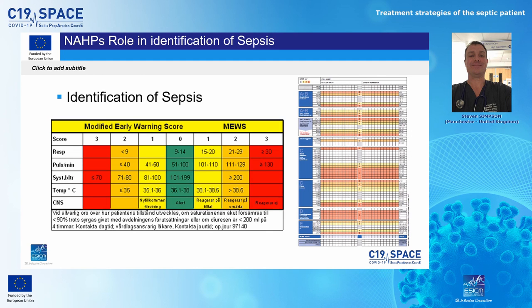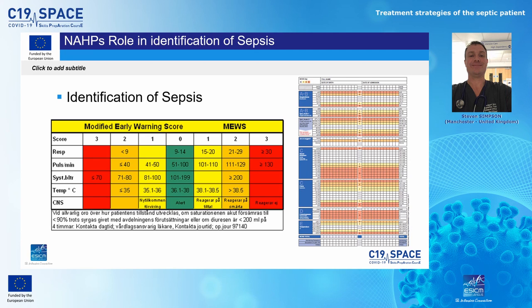To help in the identification of sepsis, there has been the development of many different scoring systems. These scoring systems were designed to help nurses and allied health professionals recognise when patients deteriorated. The two scoring systems that you can see are the modified early warning score system and the NEWS scoring system.